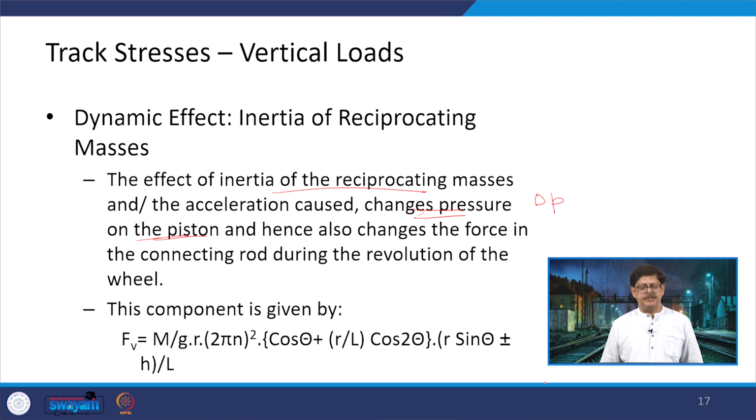This component is given by a bigger formula, that is m divided by g, multiplied by r, multiplied by (2 pi n) squared, and then multiplied by (cos theta plus r divided by L into cos 2 theta), and then (r sin theta plus minus h) divided by L. So the whole thing has been incorporated here finally.